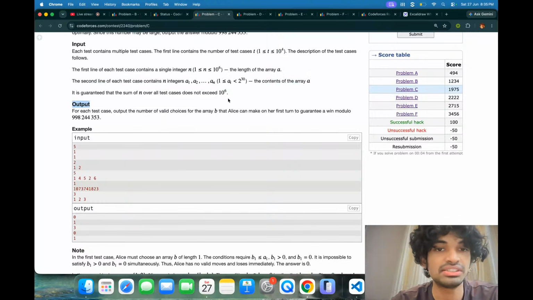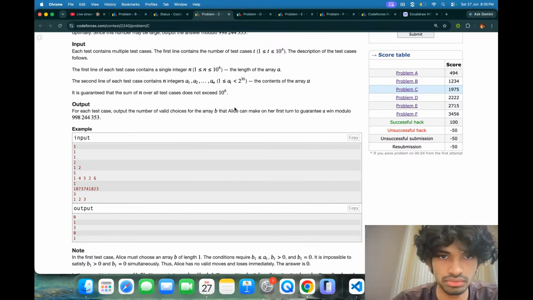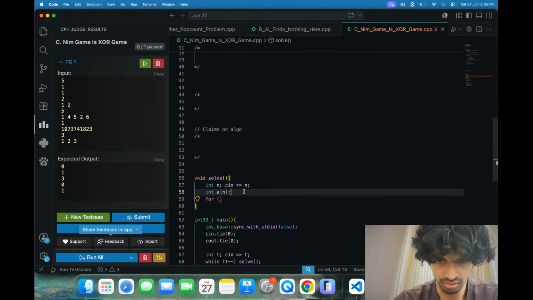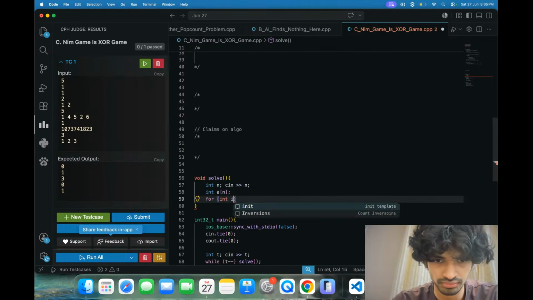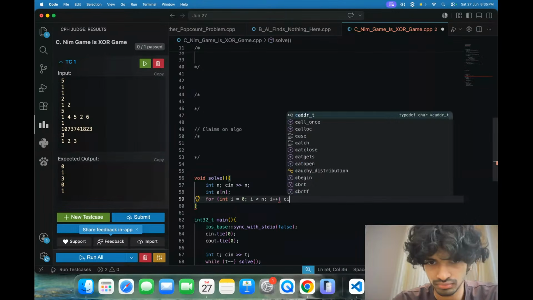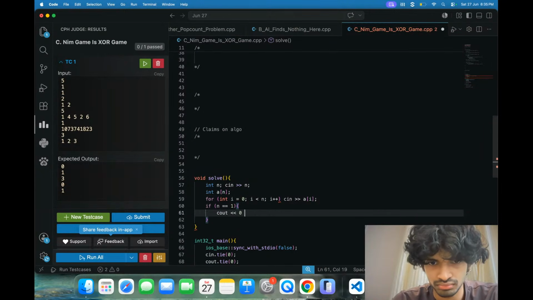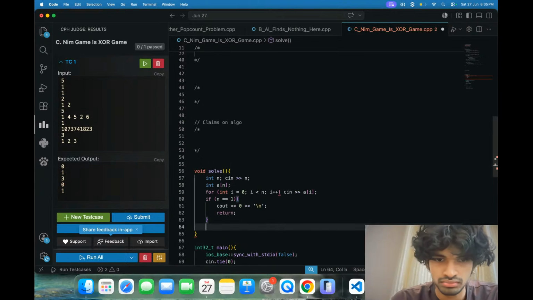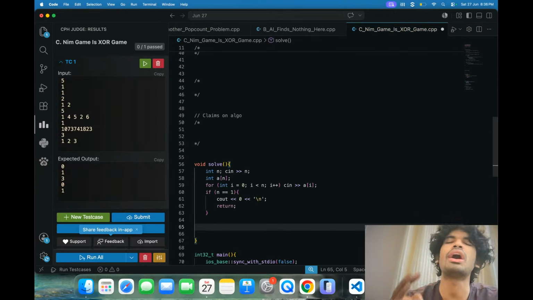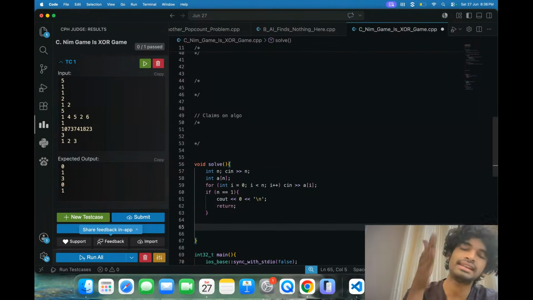Which means n equals to one, and if n equals to one, it's zero. Now, if n is greater than or equals to two, we have to find that bit that has XOR.